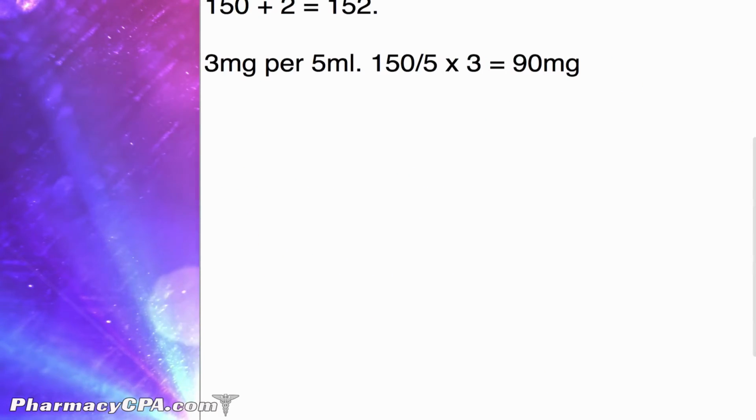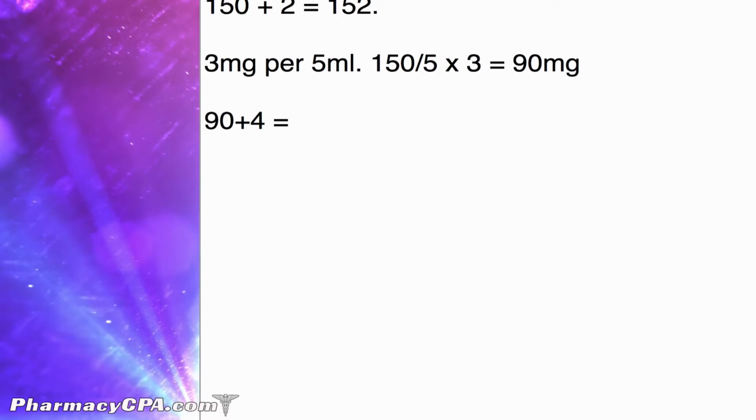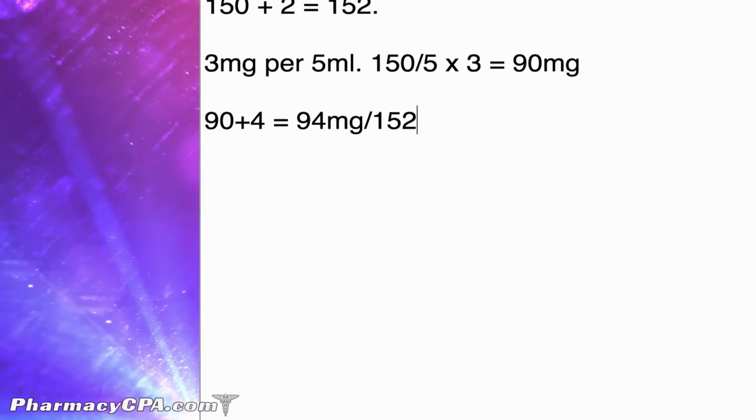So you've already got 90 milligrams in there. You're adding 90 plus 4 because you're moving it from up here, which is 94, and then the new milligrams, and then the new solution is 152 mil.